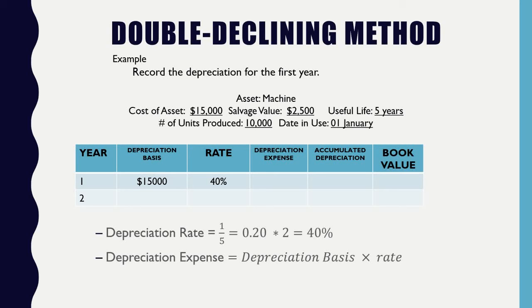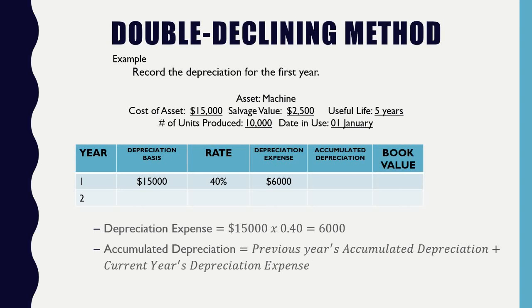Okay. So then the depreciation expense is going to be your depreciation basis times your rate. So what is 40% of $15,000? 6,000. 6,000. Good. All right, and then let's solve for our accumulated depreciation.